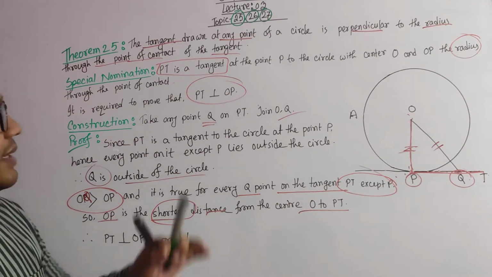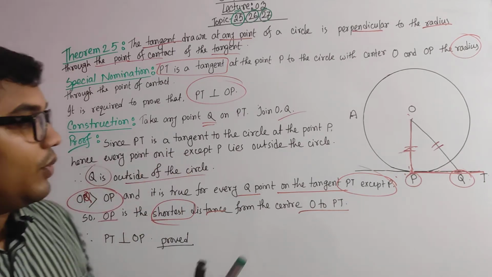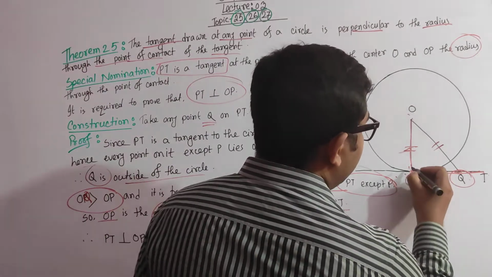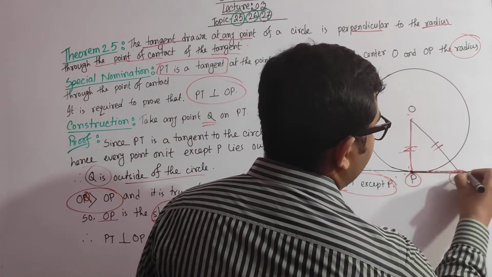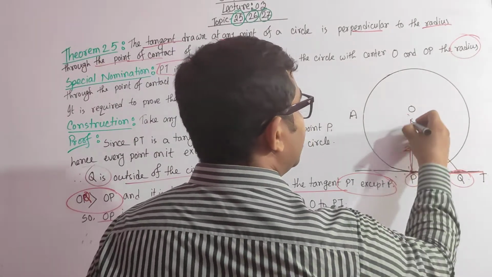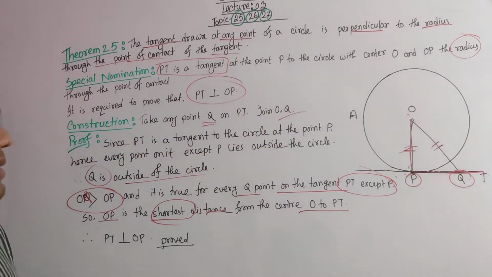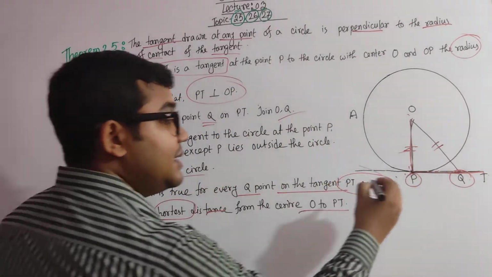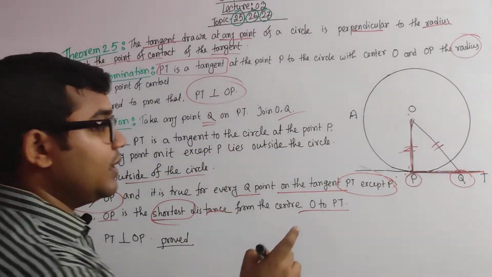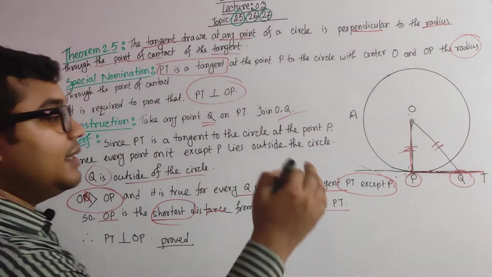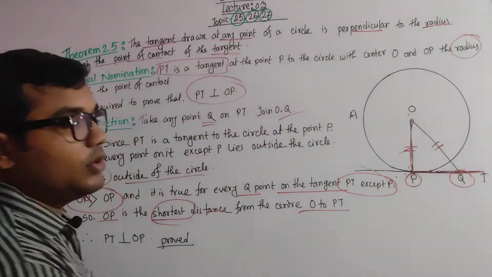So in this theorem we have to observe two things. First, P is the point of contact where we are drawing the tangent, and P is also the point where we are drawing the radius. Since this is the point of contact, any point Q on PT must lie outside the circle.